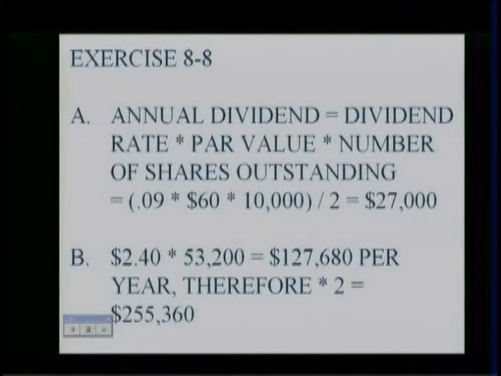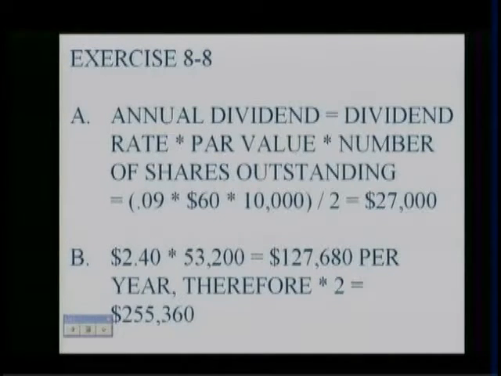Notice that the par value is $60. Typically, par value is 100, but in this example, it's 60. And we're paying a 9% dividend. So each share of stock is going to get 9% of $60, which is about $2.70.